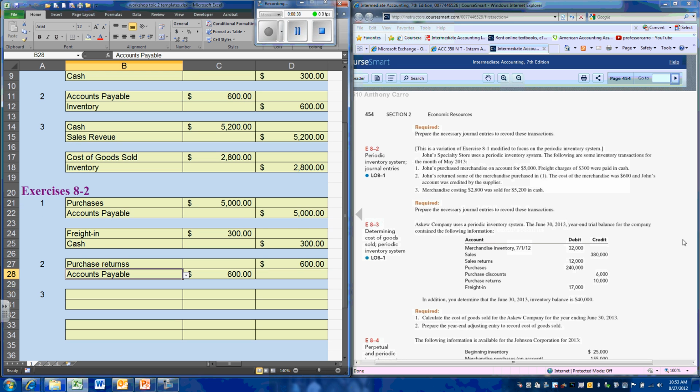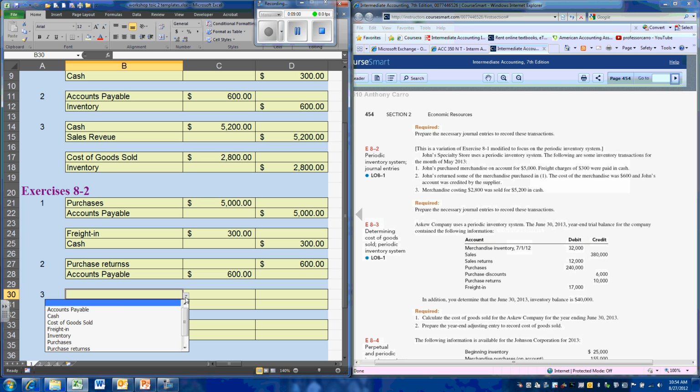In the periodic method, cost of goods sold and the final inventory, the ending inventory, is handled in the bookkeeping process at the end of the period. For each sale that occurs during the period, the only entry we'll make is to record the actual receipt of an asset and the recognition of sales revenue. So here we're going to be selling for cash.